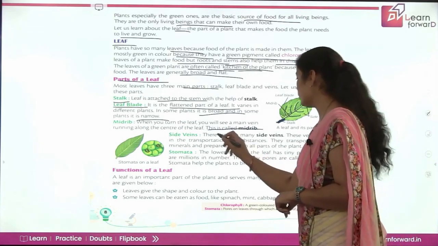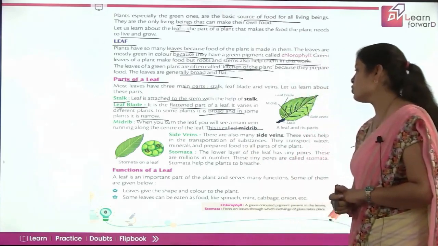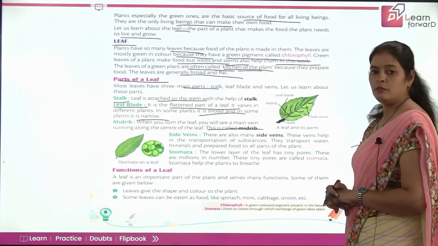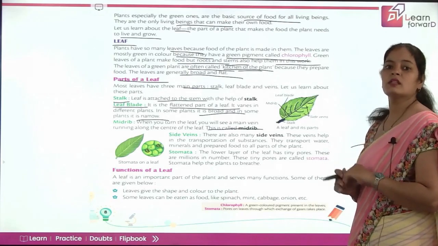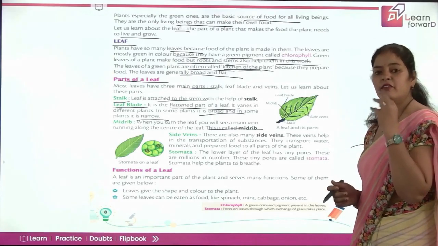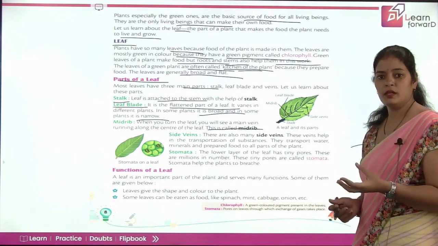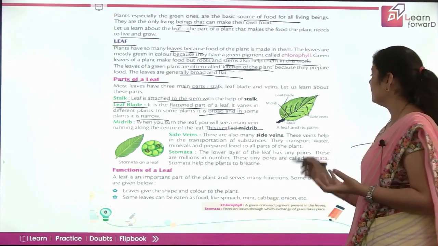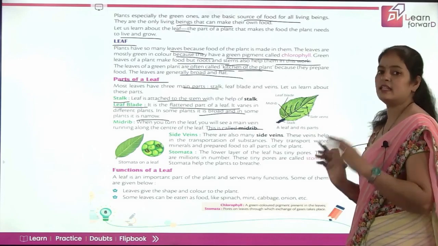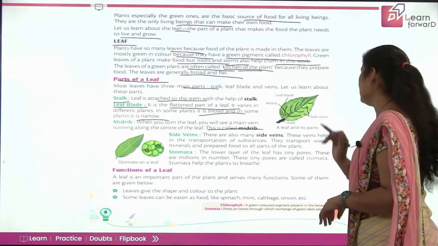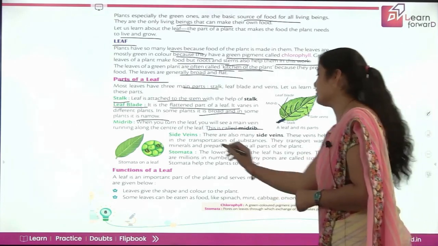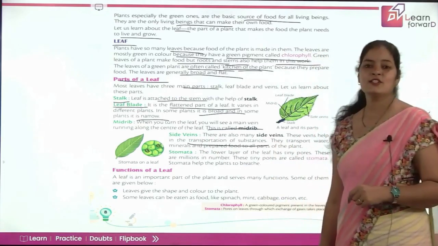So let's see what is written over here. There are so many side veins, because through these side veins, the water and everything that is required for the leaves to prepare food reaches the leaf and its cells. These veins help in the transportation of substances.